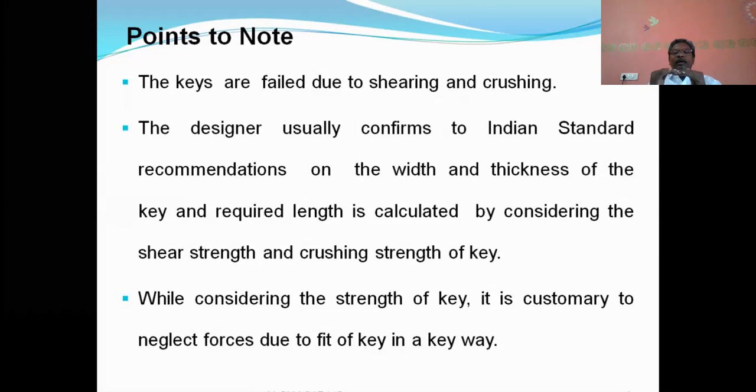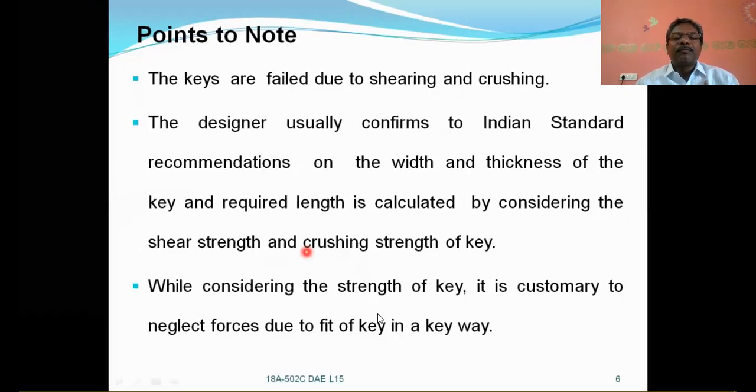These forces are very negligible when compared to the forces due to transmission of torque from one place to another. That's why the forces due to fitting of the key in the keyway are neglected. This is also an assumption.